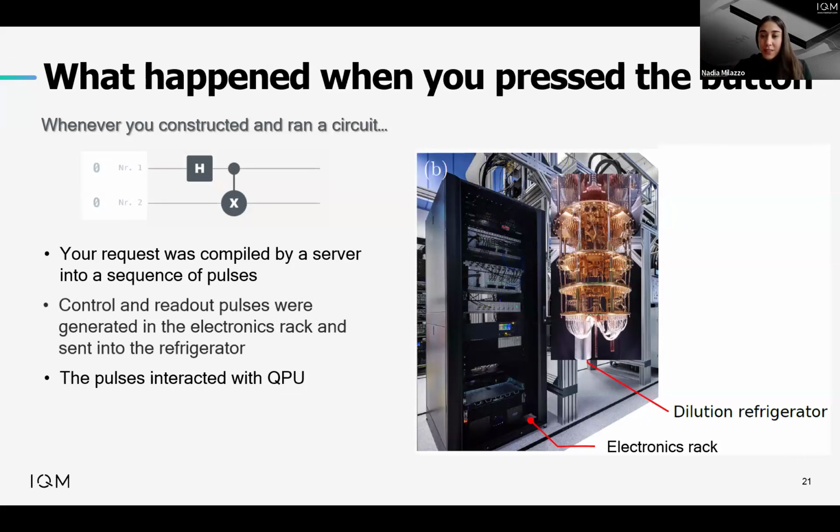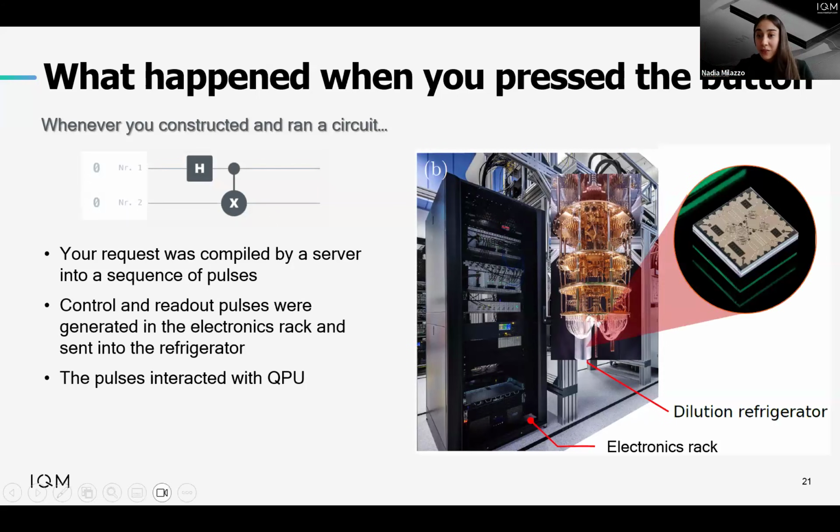Then these pulses are sent into the refrigerator, because that is where the QPU lies. So here is what is inside the refrigerator. And third, the pulses interact with the QPU that is at the bottom of this cylinder, and they interact with this Hamiltonian that we have seen before.